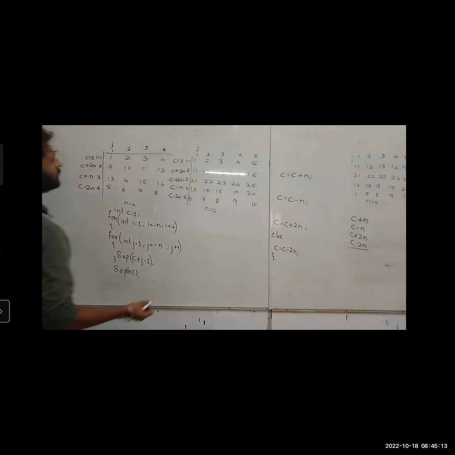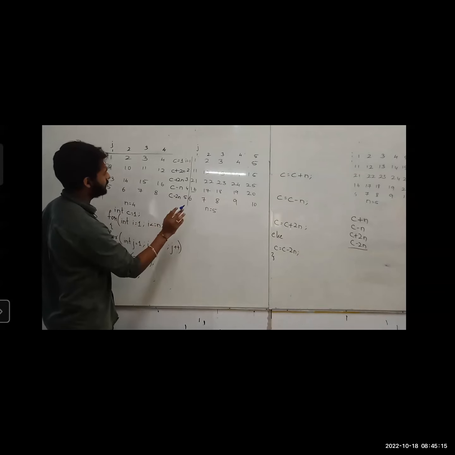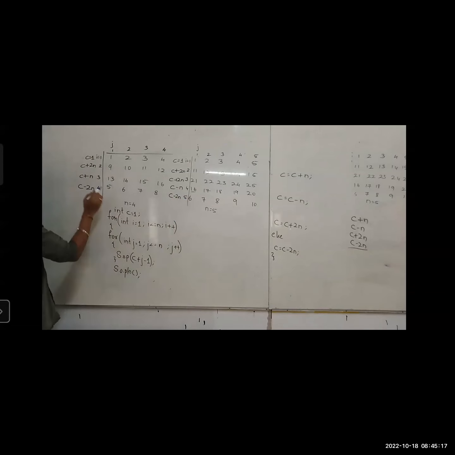So if you observe this one, when I'm using C plus n, the first condition that you should keep in your mind is whether I choose that side or this side. That side or this side means whether the number is even or odd. This side means it is an even number output, that side means an odd number output. So this side I'm choosing means the number is odd.